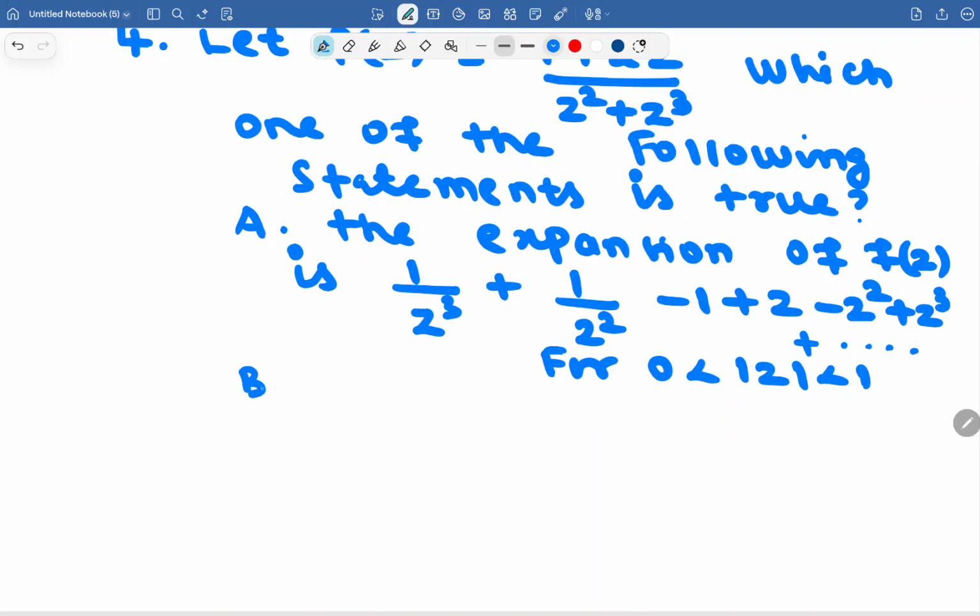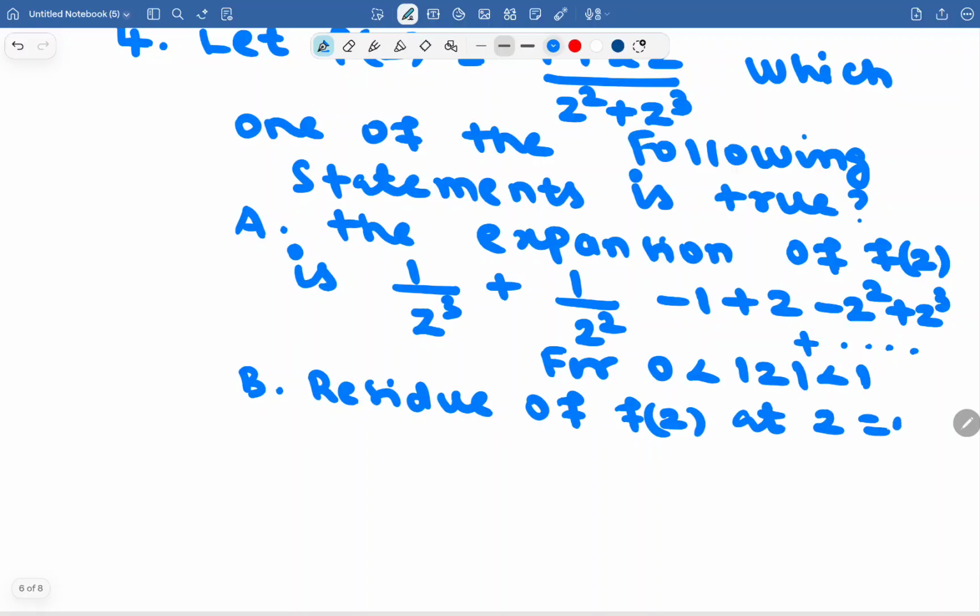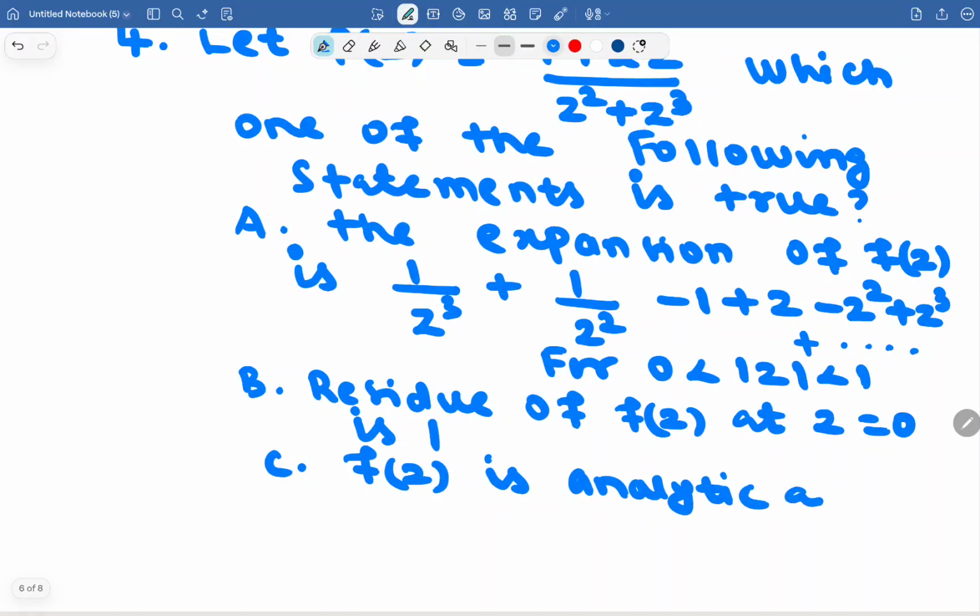Option B, residue of f of z at z equal to 0 is 1. Option C, f of z is analytic at z equal to 0.